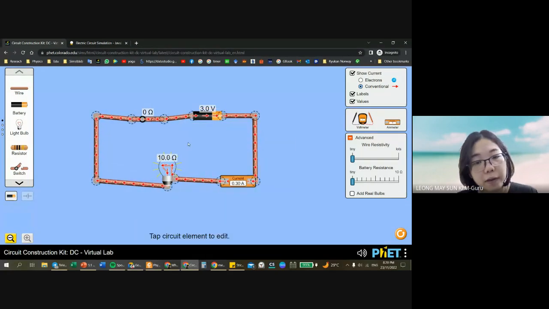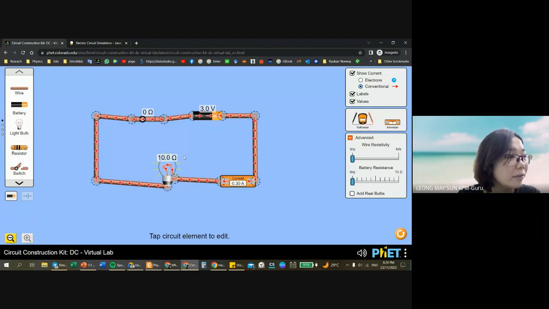But then one thing, how did this current happen? All right, so I'm going to show you another method. This is the electrons moving. All right, electrons are mainly at the negative terminal of the battery.